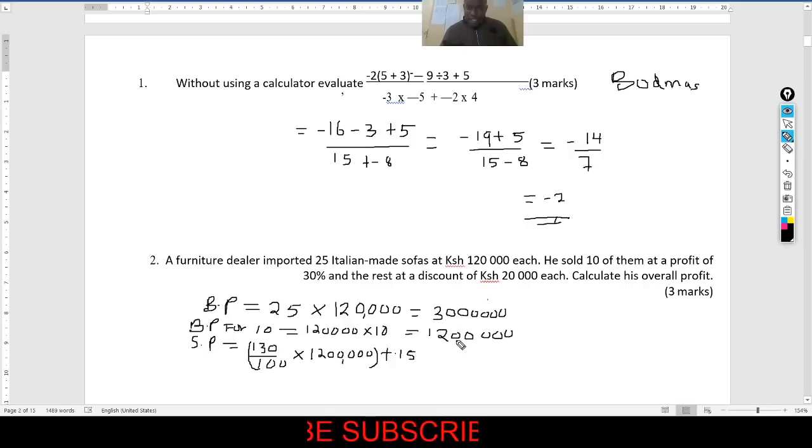So he sold them at 100,000 each. That is 100,000 times 15.